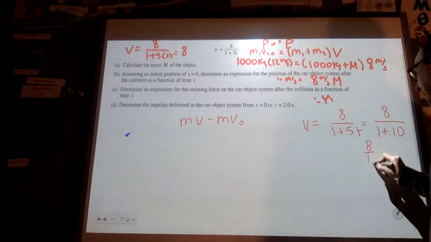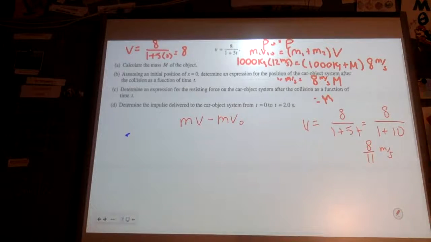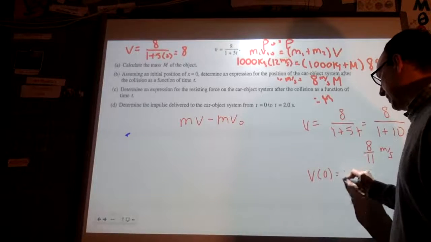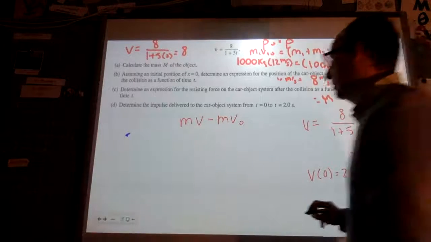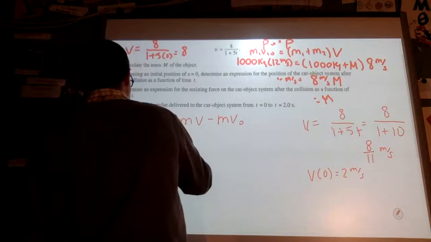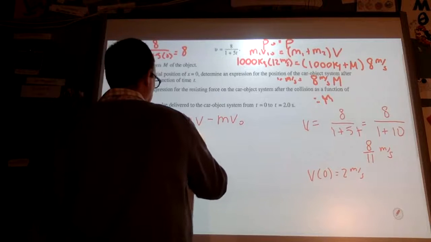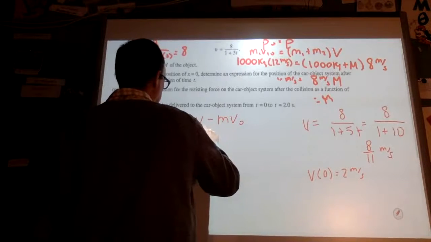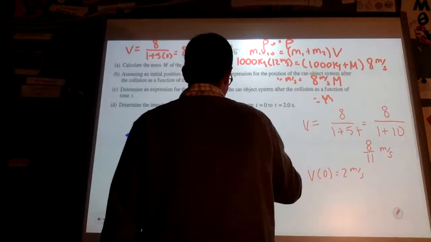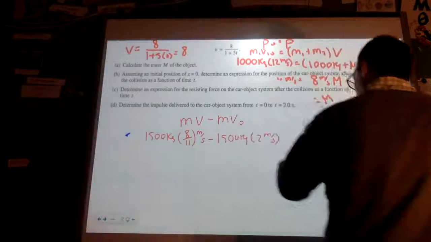So our velocity is 8/11 meters per second. This is at 2 seconds. At 0 seconds, we already said it was 2 meters per second. And so our final would be 1,500 kilograms times 8/11 meters per second minus 1,500 times 2.